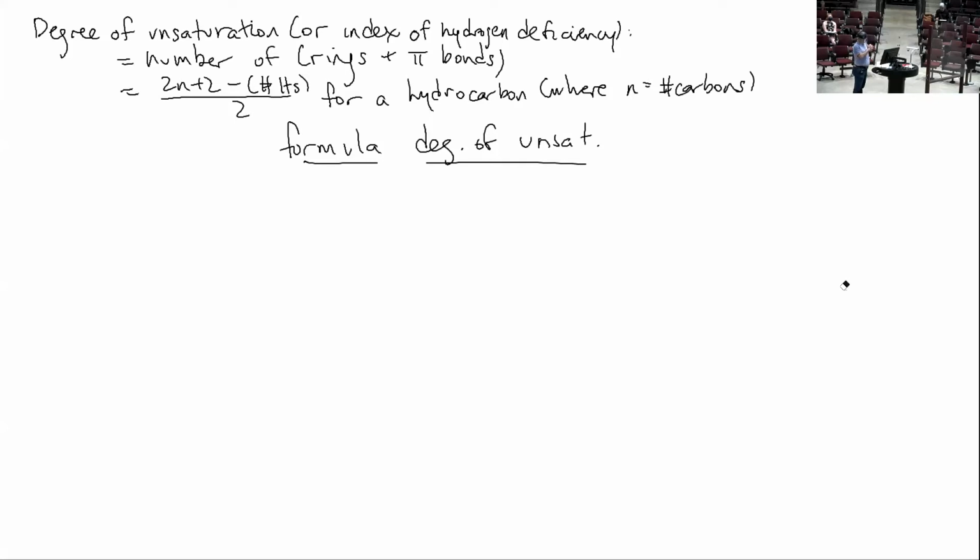Right. So the reason that you need to know about degree of unsaturation is because you'll run into times very frequently where you know the formula of a compound, but you don't exactly know what its structure is. And one thing you need to be aware of is just because we know the formula, that doesn't mean that any old structure is possible.